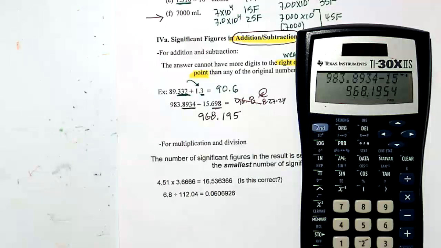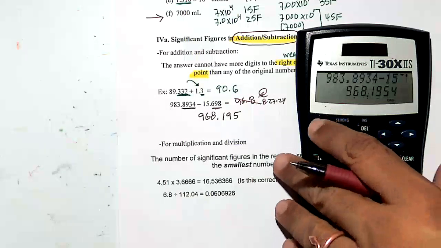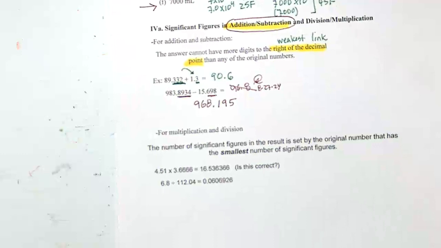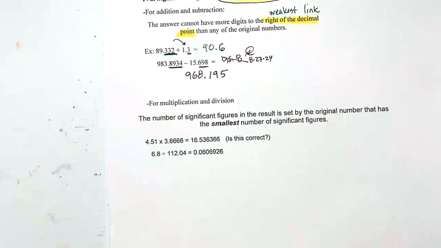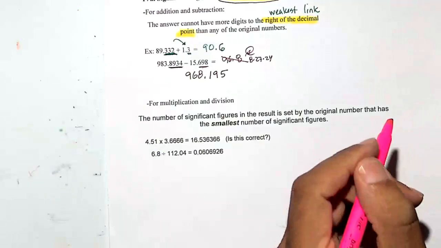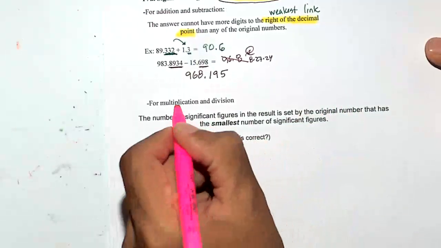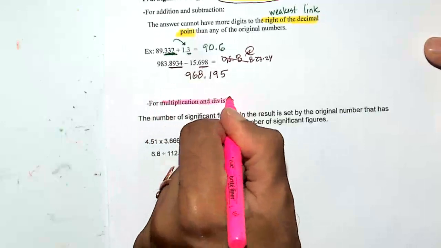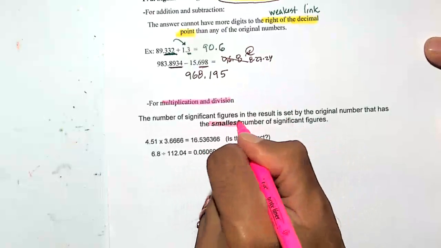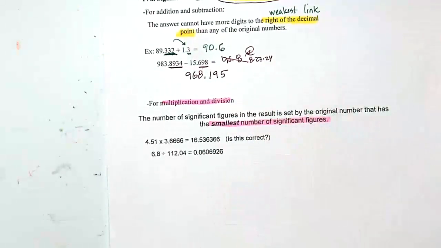The weakest link for addition and subtraction is the number of decimal places. What is the weakest link for multiplication and division? Yes, the smallest number of significant figures. Good job. The weakest link for multiplication and division is the smallest number of sig figs.